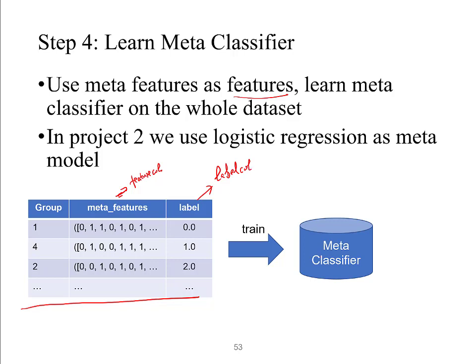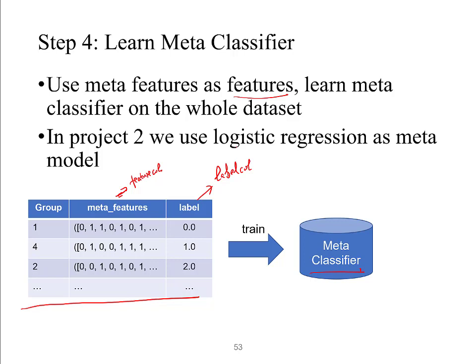And then we can learn the meta classifier on the whole data set. Right. In project 2, we will use a logistic regression as the meta model. And logistic regression is a multi-class classifier.